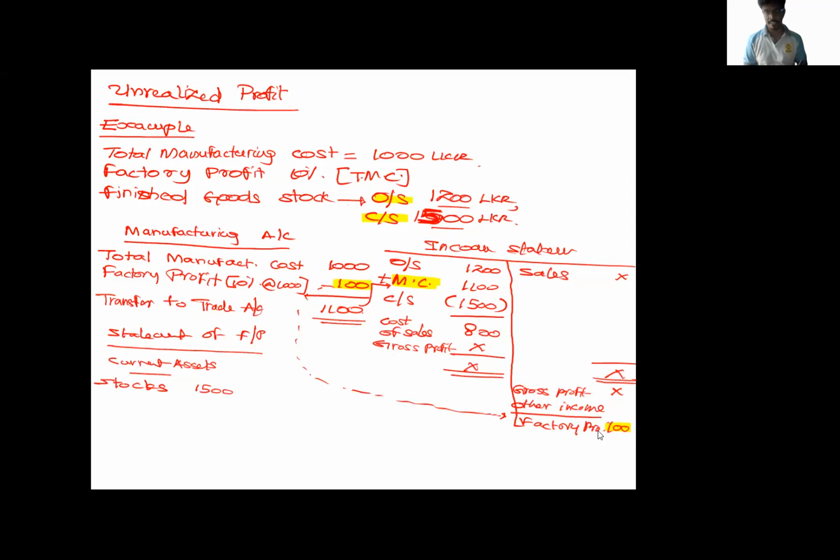Then we recorded that as other income, that is okay. And we are having opening stocks and closing stocks. The thing is, still these 100 rupees, which we identified as a factory profit, have not been earned yet.